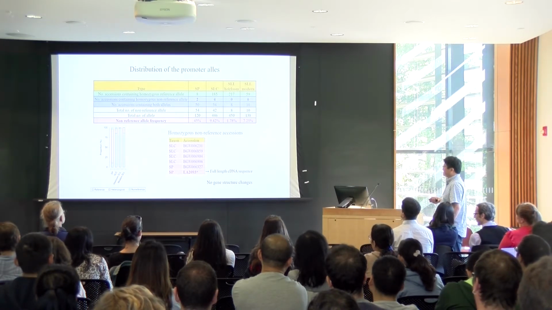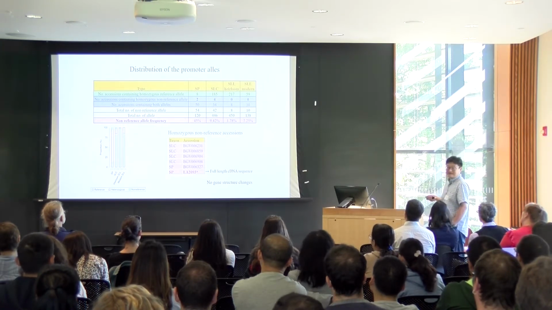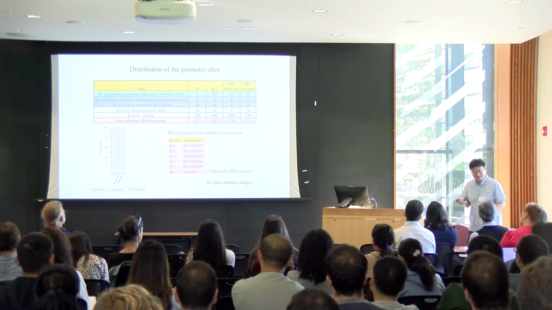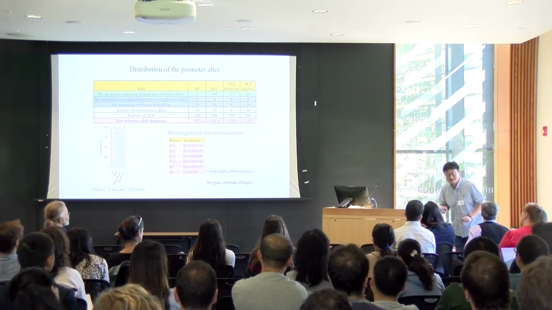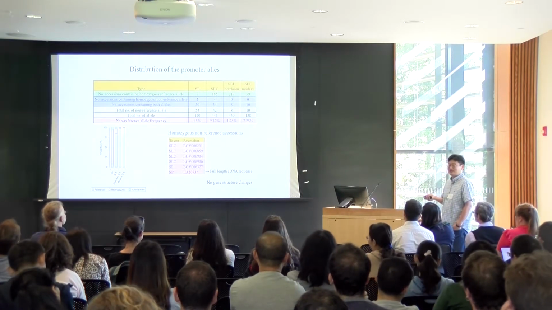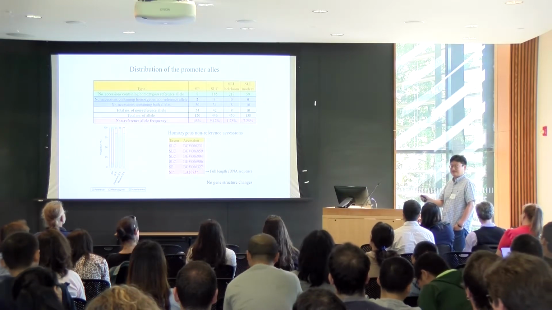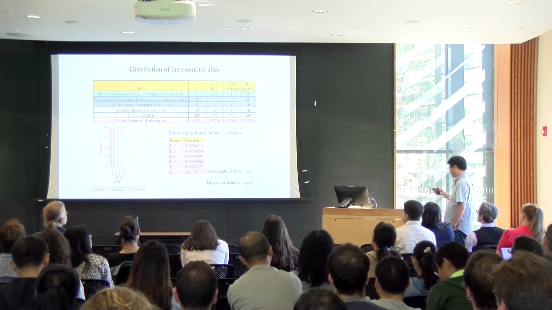For this accession, RA2093, okay, I'll go fast. We did not see any gene structure changes in this gene, so that means this was mainly controlled by this promoter region.